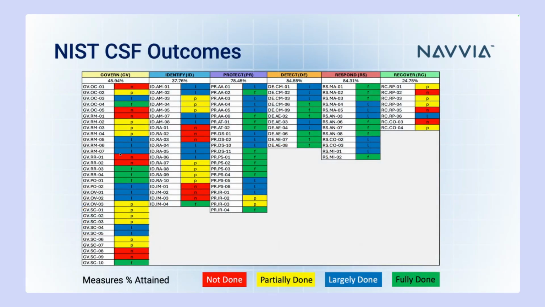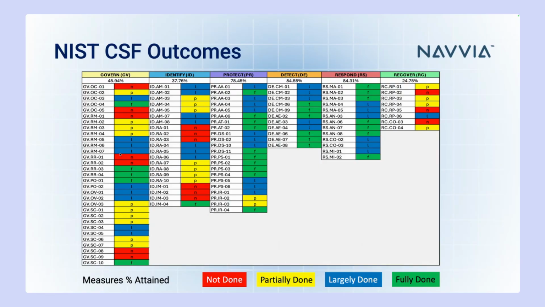Here's an example from our product that looks at things through the lens of the outcomes. Within the Navvia tool itself, we have the ability to conduct cybersecurity assessments by having questions around all 106 outcomes. You can send these questionnaires to a whole bunch of people.